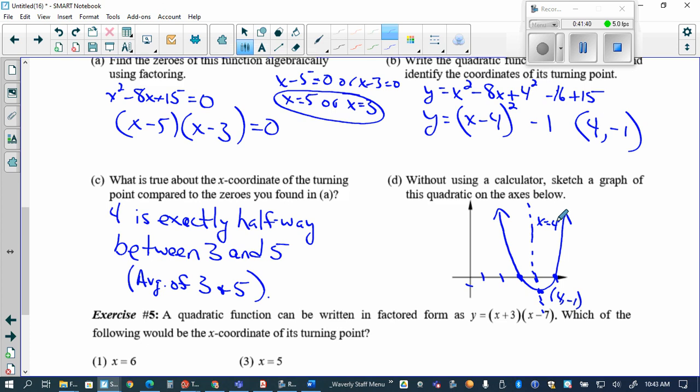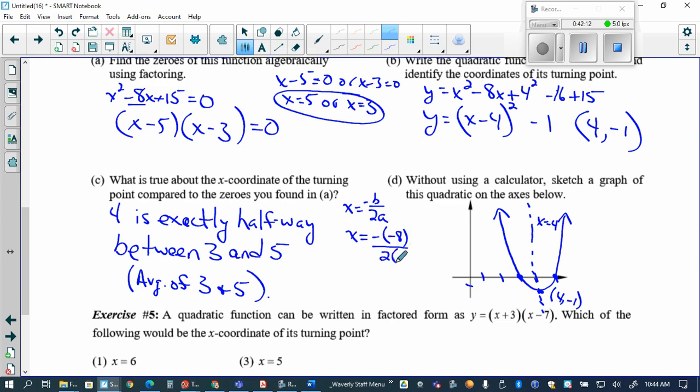Do you remember how I gave you the equation for the axis of symmetry a while back? x equals -b over 2a. What's the b in this equation? It's just -8. So x equals -8 over 2 times what?